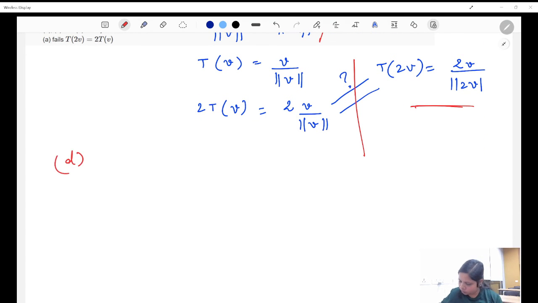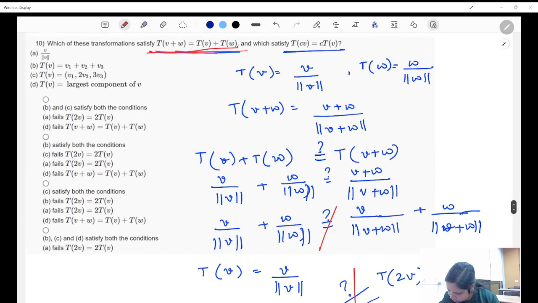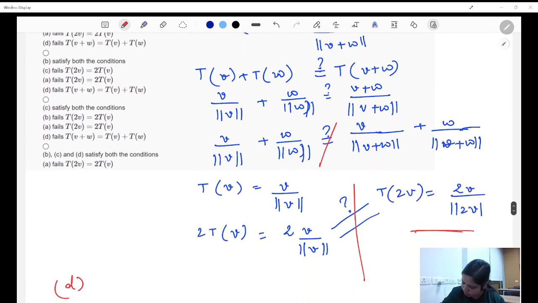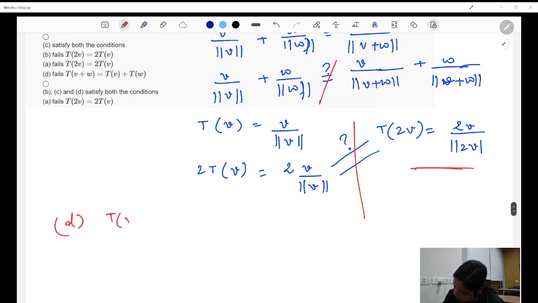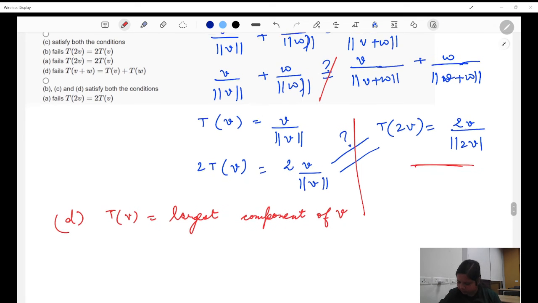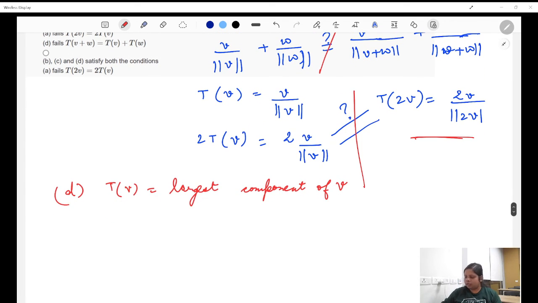So yeah, D is the largest component of V. Okay. Now, let's say we can even check this with the help of an example.